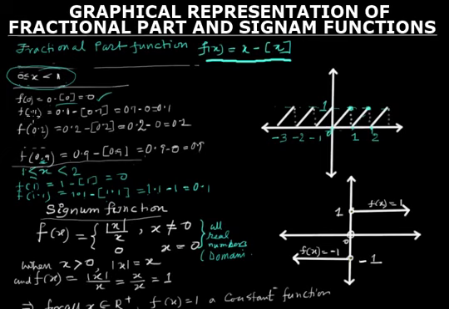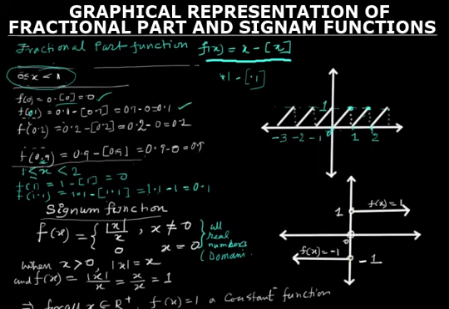Next, if you put x equal to 0.1, then 0.1 minus box of 0.1. Box of 0.1 is 0, so 0.1 minus 0 is 0.1.